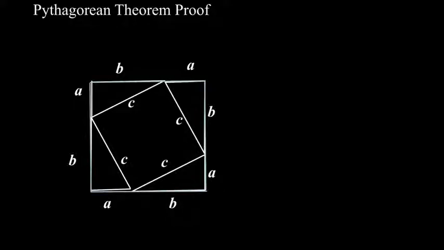Now this square right here in the center, the area of that square is C squared.